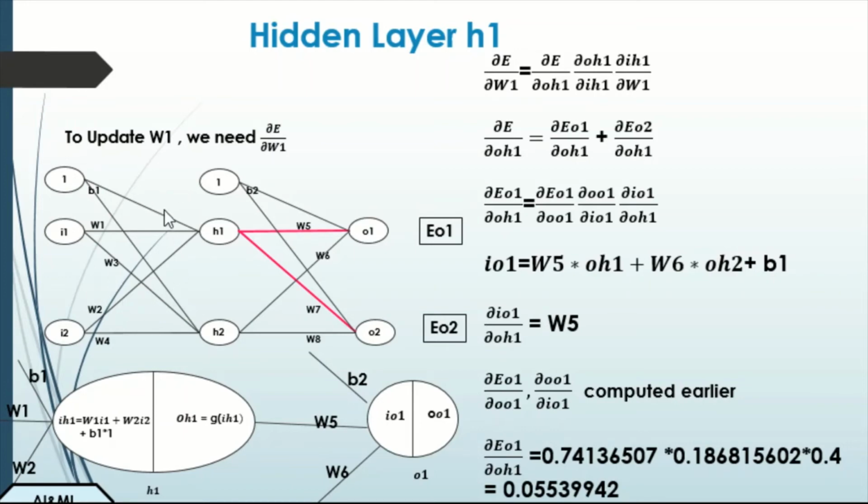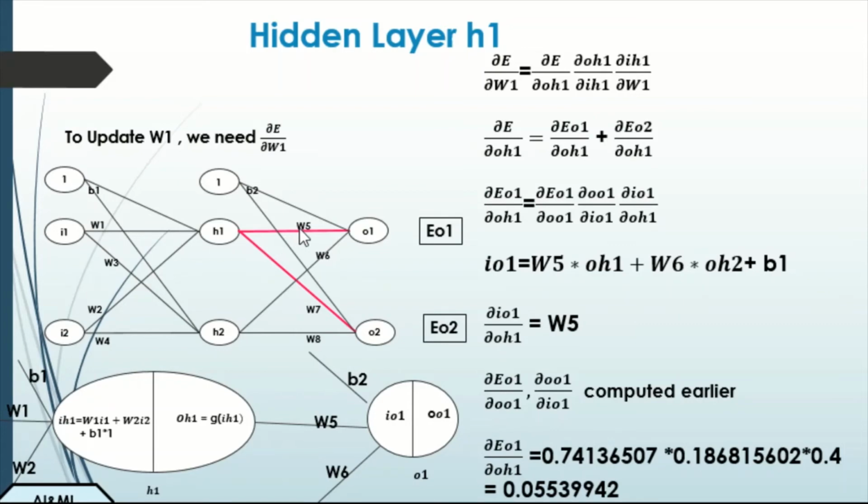So for that, we will similarly want to compute the derivative of error with respect to W1. So for that to happen, we will go to the node H1 and look at how the chain rule will be used for computation of derivative of W1.